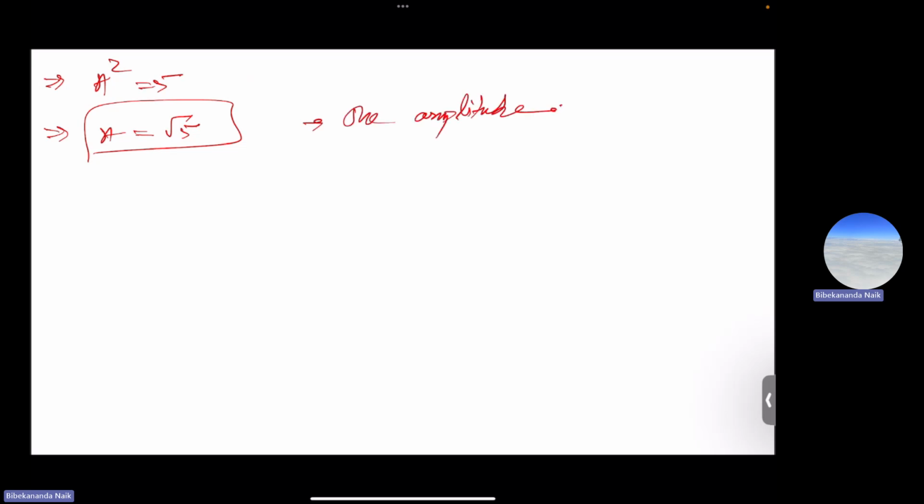If you take a square as common, a square equals 5. That implies a is root 5. So the amplitude of the simple harmonic motion is root 5 centimeter.